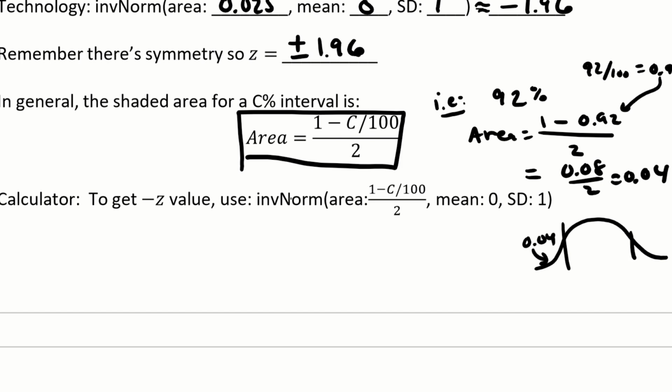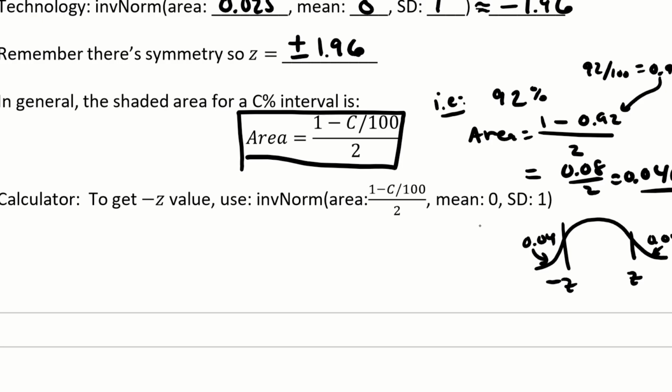And we would have to look up the area 0.0400 in the table in order to get the z-score. Okay? And if we want to do it on the calculator, then to get the negative value, we would have to use the area on the left using this formula, which would be 0.04, the mean of 0, and the standard deviation of 1. And that will give us the negative z-score.